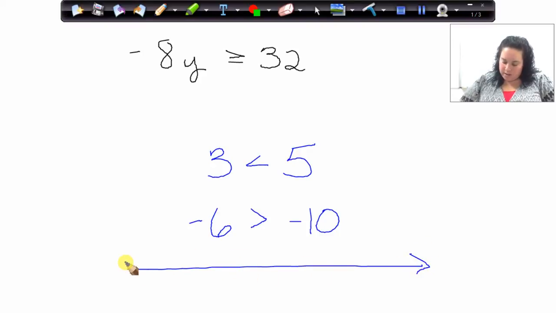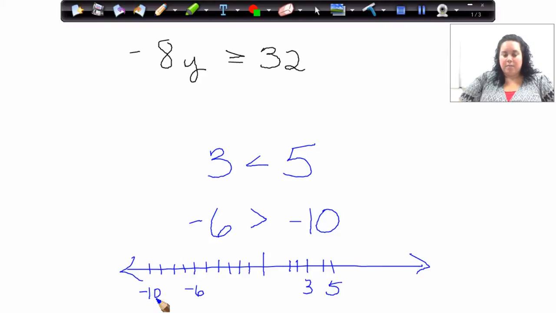So if we have a number line, just for a visual, this would be 3 and 5. Okay, 3 is to the left of 5. Then 4, 5, -6, 7, 8, 9, -10, but -10 is to the left of -6.